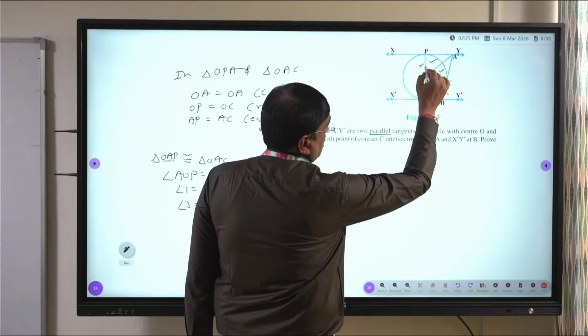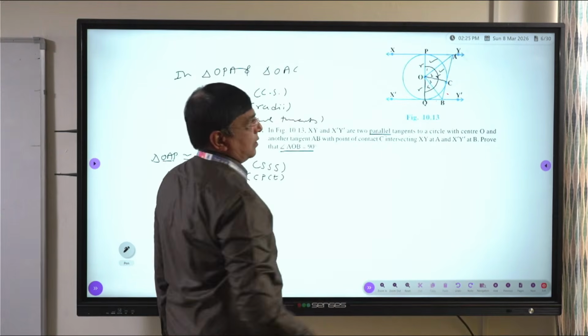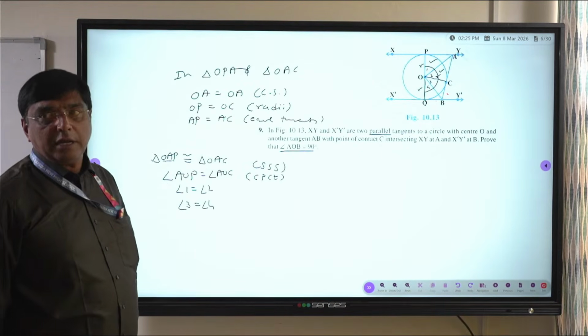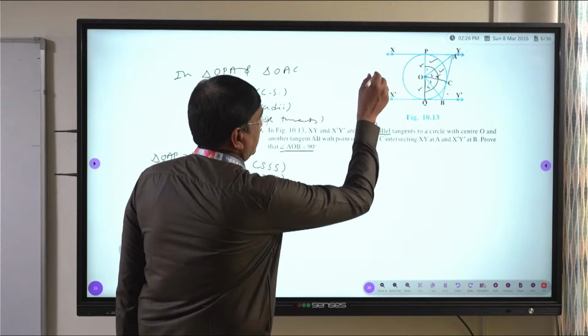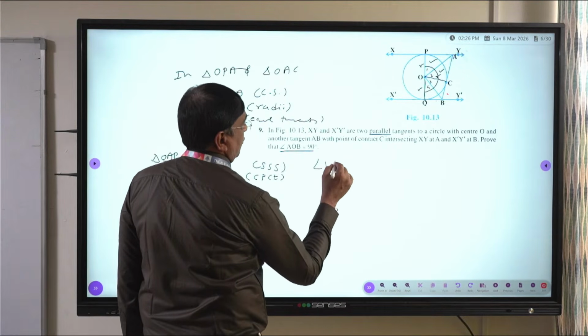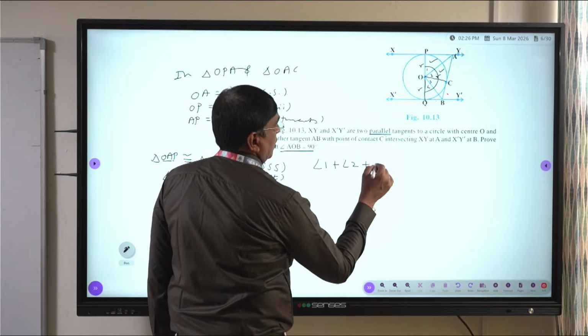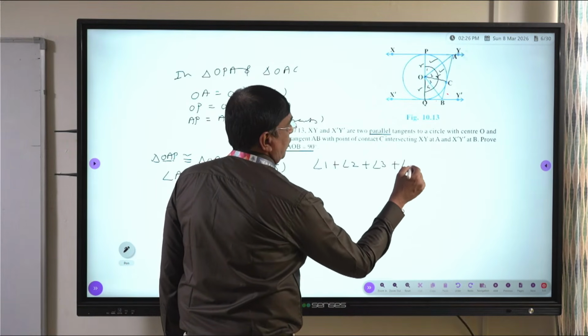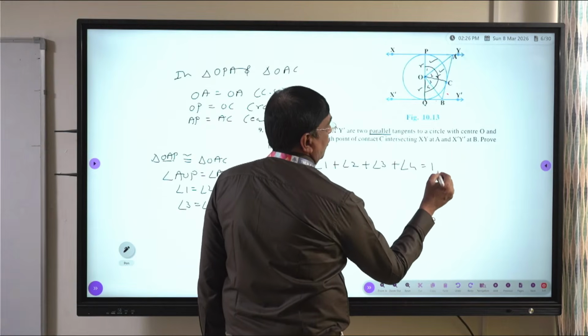So sum of all angles, nothing but linear pair, addition 180. Therefore angle 1 plus 2 plus 3 plus 4 equals 180.